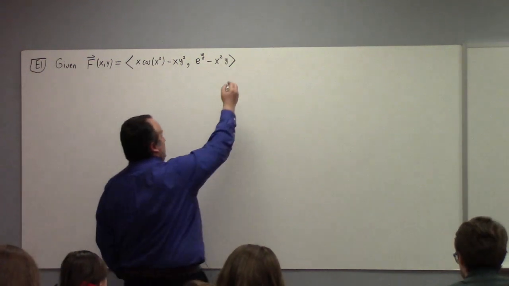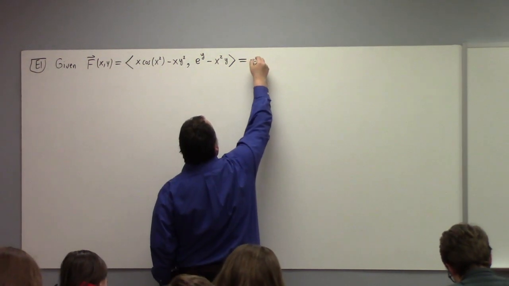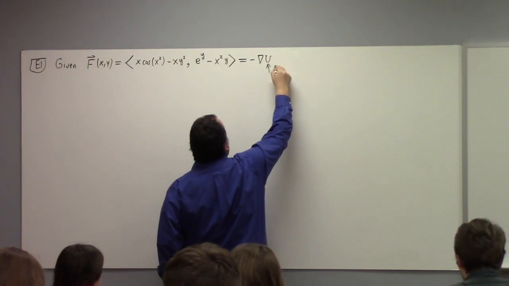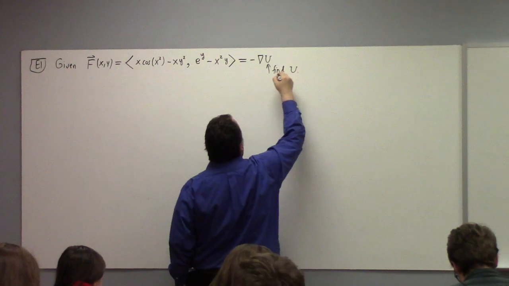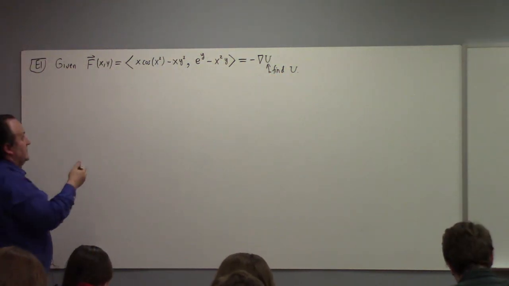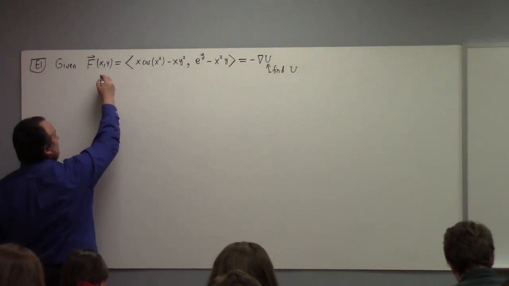So the force is equal to minus the gradient of the potential energy. We want to find U, all right? So if we look at this, we're up against two equations we've got to solve here.